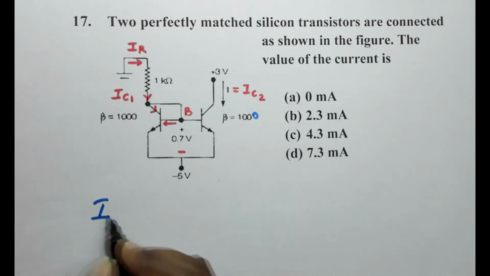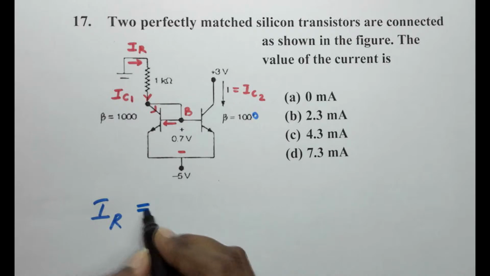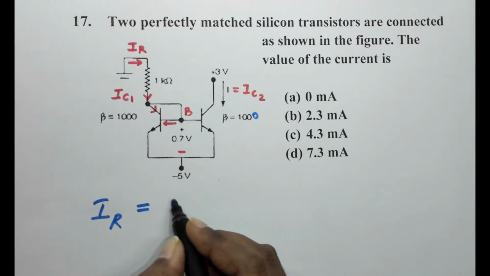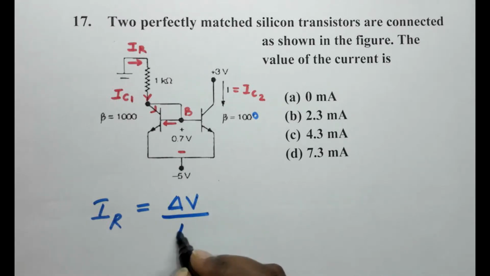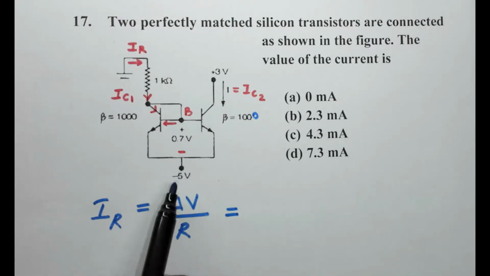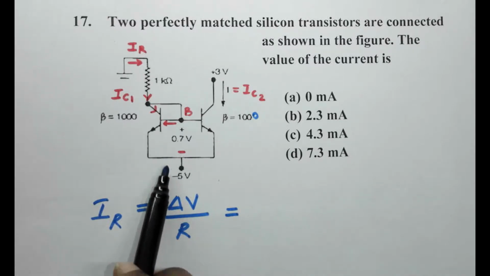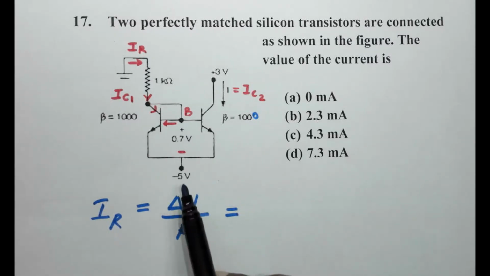So the current through the resistor is equal to the difference in the voltage divided by the resistance R. Now the difference in the voltages in this case is the voltage over here at base and the voltage over here, -5. So at base you will see that there is a positive value here and a negative value over here.